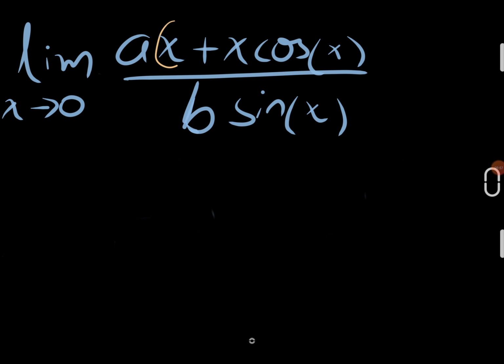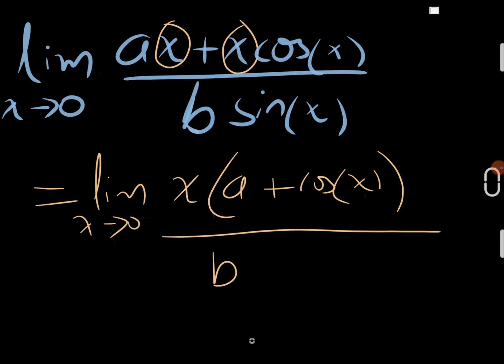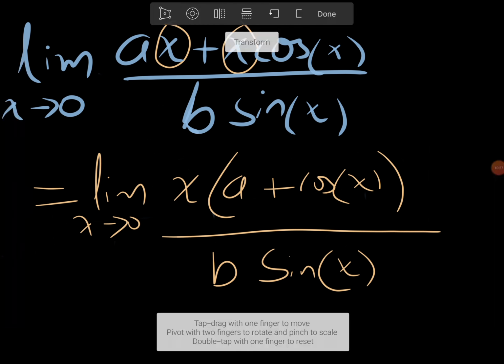We see an x here and we see an x here, so we can take x common. So this is equal to limit x tends to 0, taking x common, a plus cos of x whole divided by b into sin of x. It's pretty nice. Oh, I'm complimenting myself.